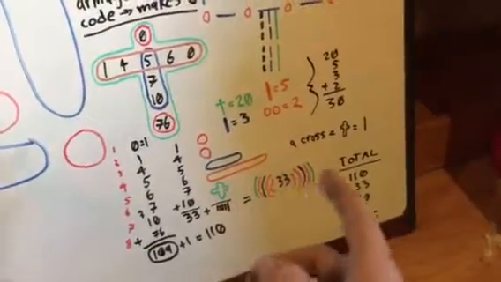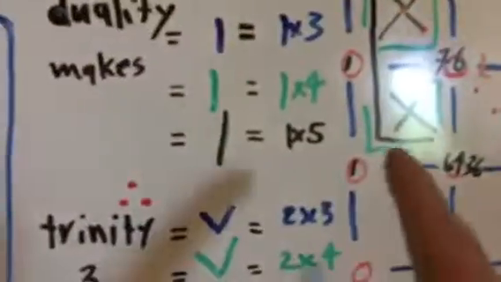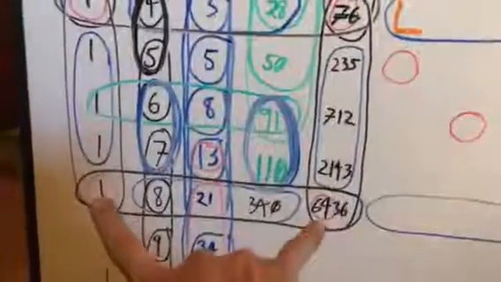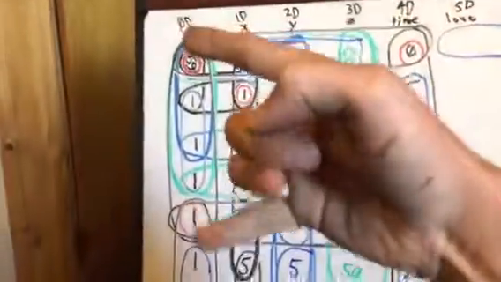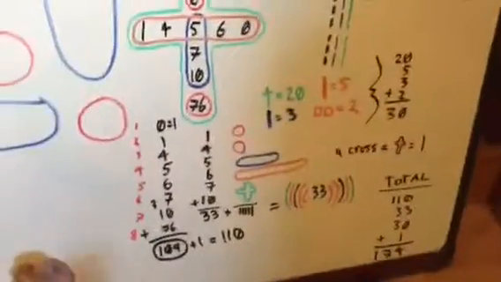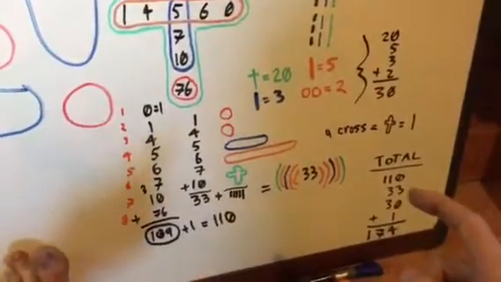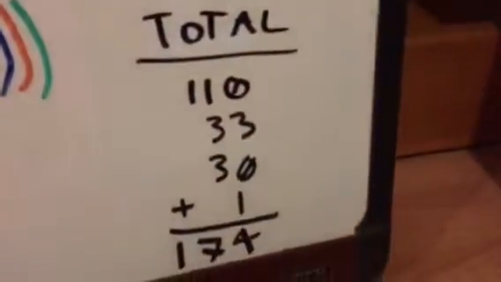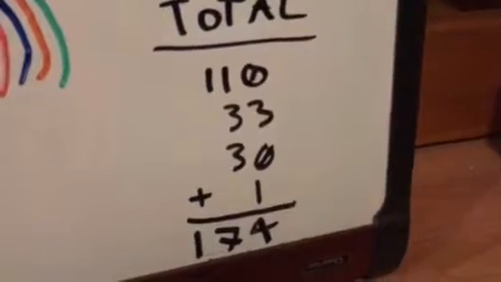So a 5 is equal to a 1. It's very important in creation code stuff. So because a 5 is equal to a 1, we have 110 plus 33 plus 30 plus 1. Oh, I'm getting tired of finding this number everywhere, but that equals 174.